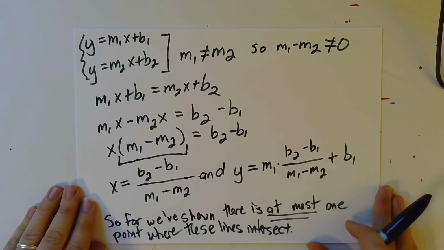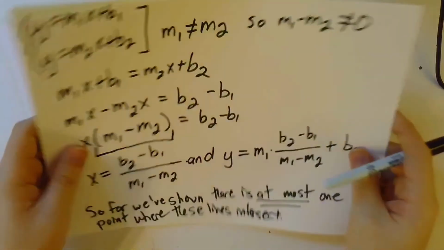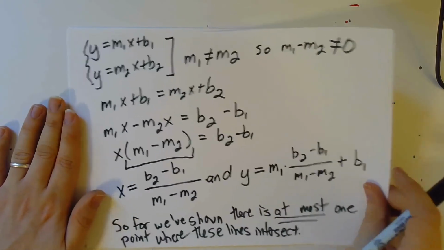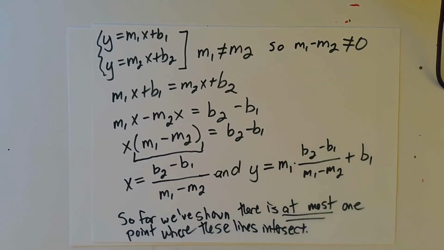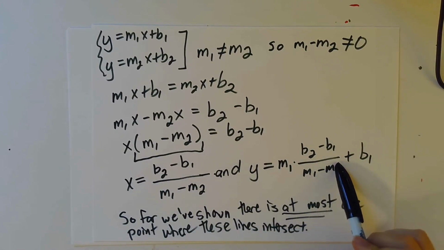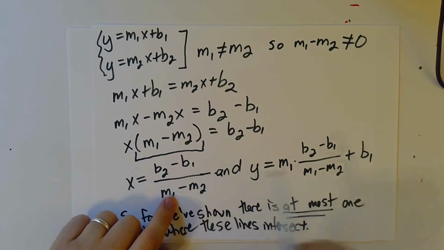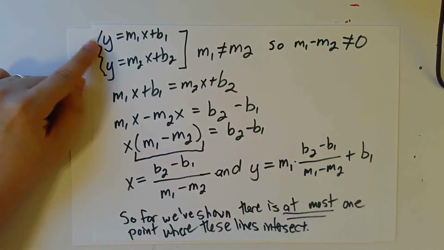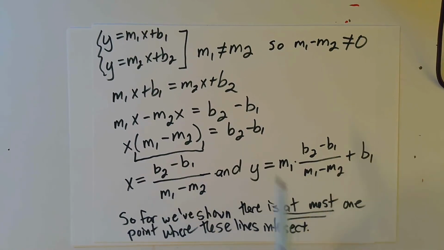What remains to check is that there actually is a point on the intersection. And, well, fortunately, I have a pretty good guess as to what point I should try. Namely, I should probably try to make sure that this point is really on the intersection. So certainly, this point is by construction on the first line, but I've got to check that this point, xy, is really on the second one.